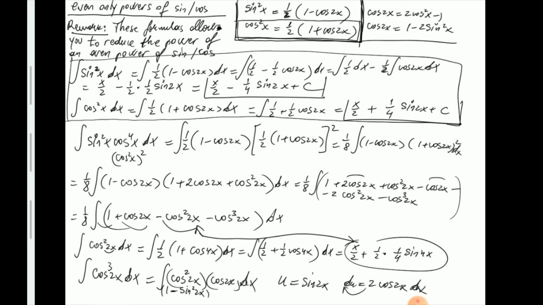So with that, we're going to move on to the next page and see how we can handle the same type of fun, I hope you're having fun already, for secant and tangent. So stay tuned.